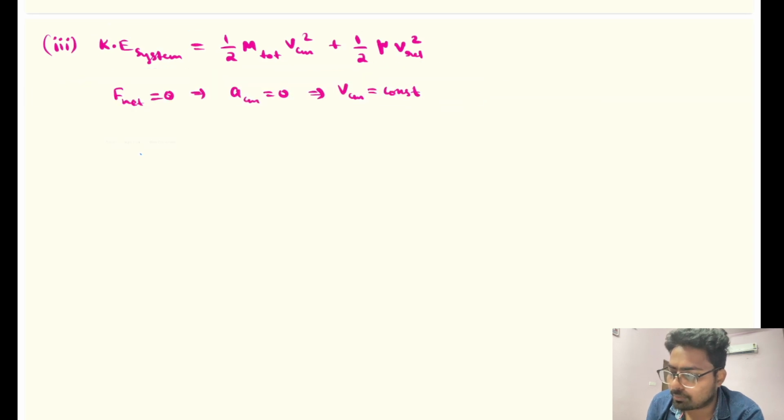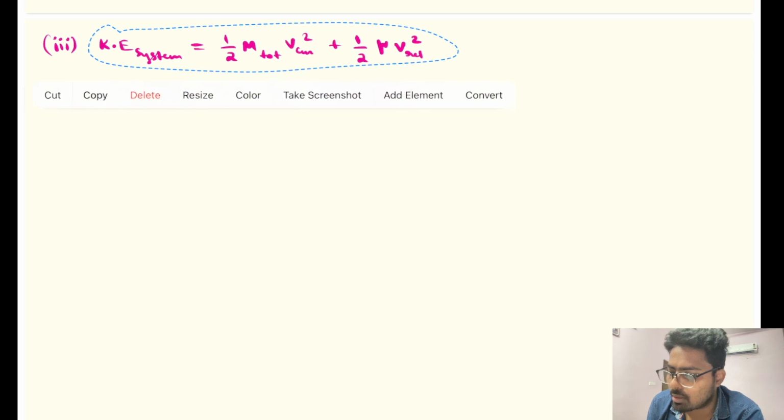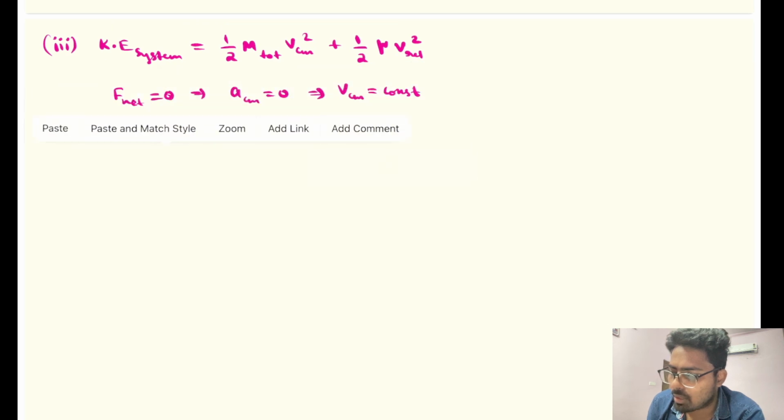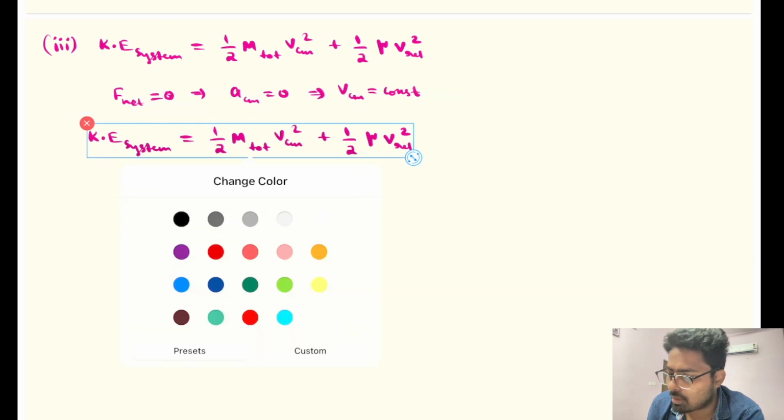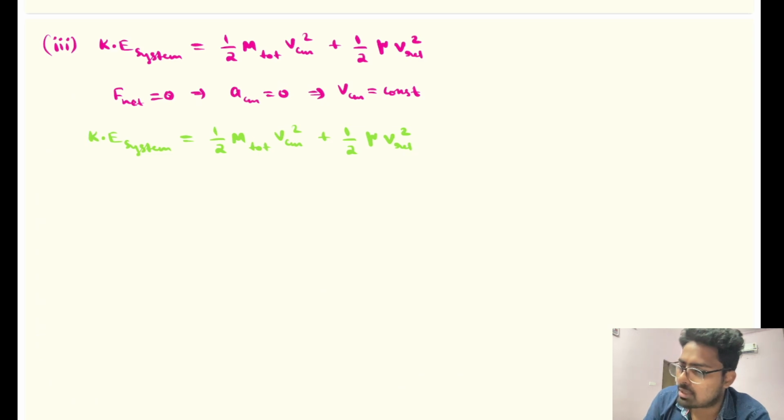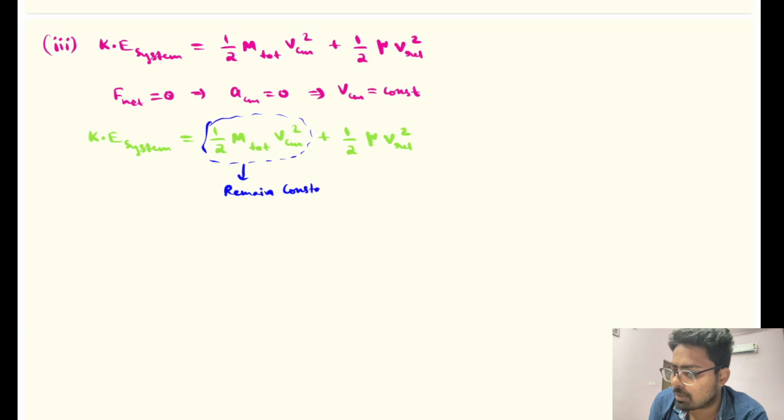One second, let me copy this and then paste it, and change the color. Here you need to understand that whatever this value is, it must remain constant.